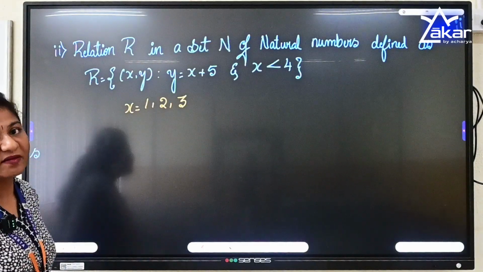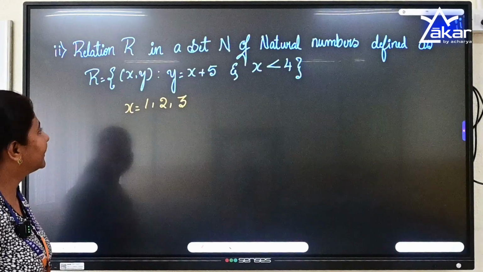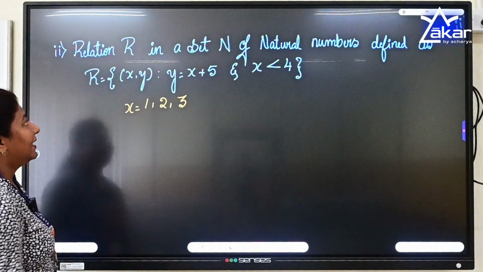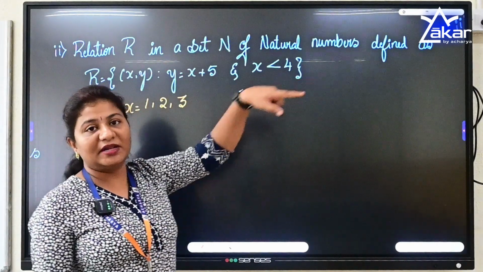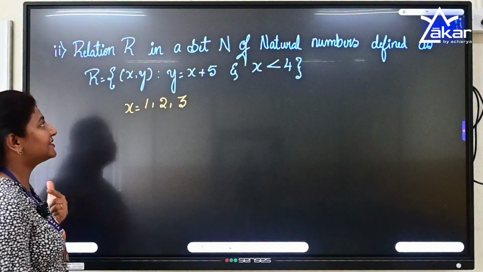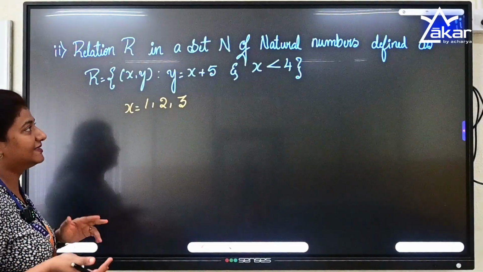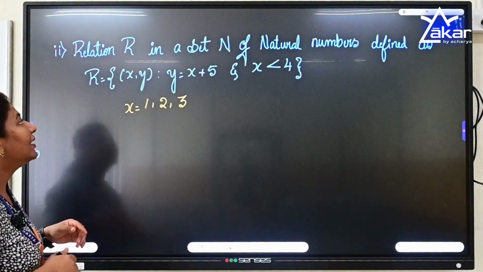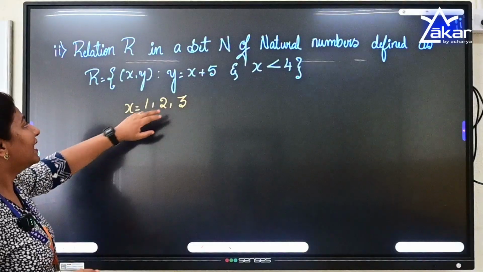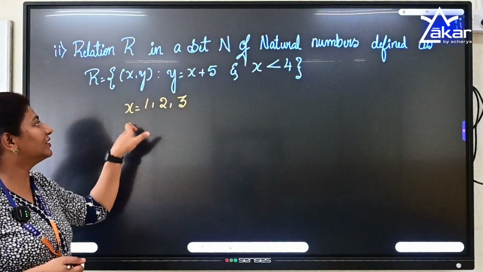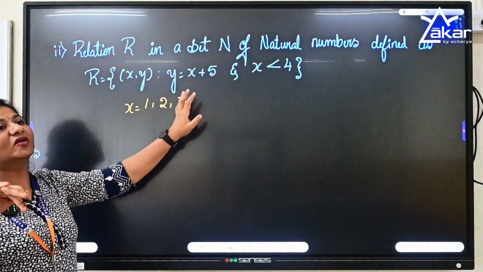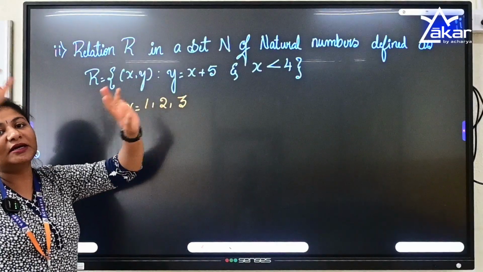The relation is taking from N to N, set of natural numbers to natural numbers, so the value of y is dependent on the N values.